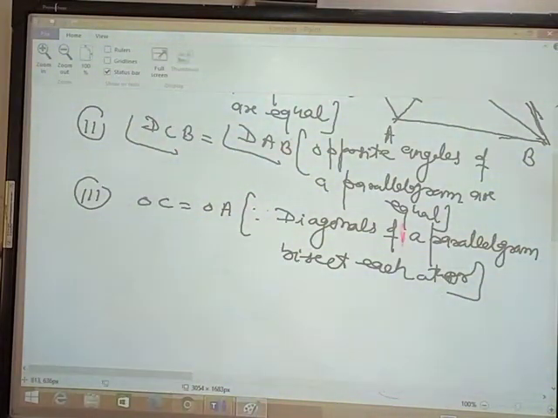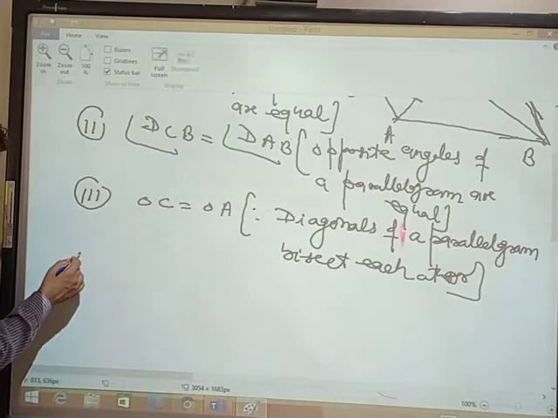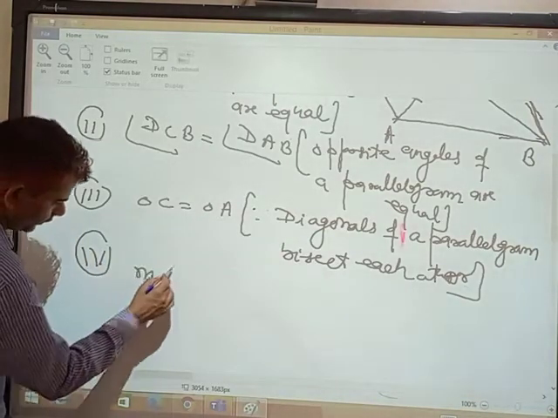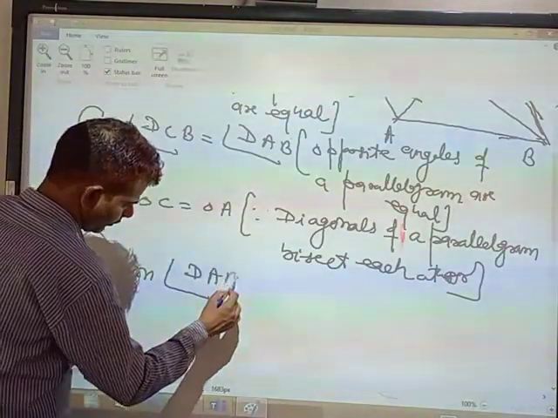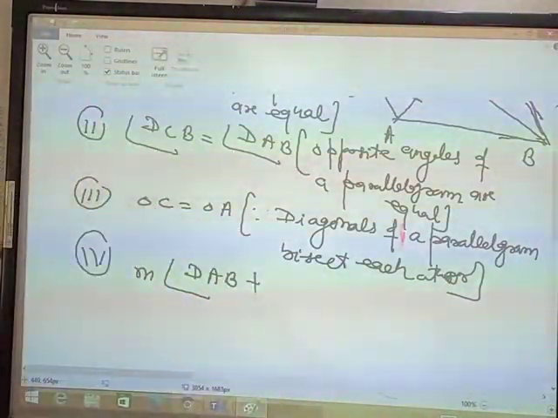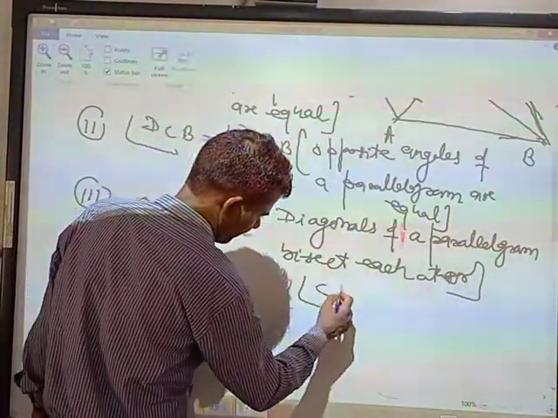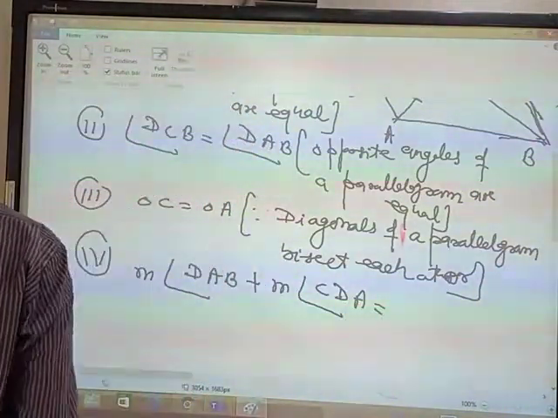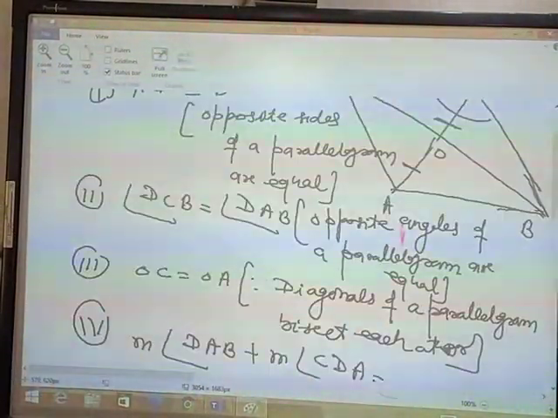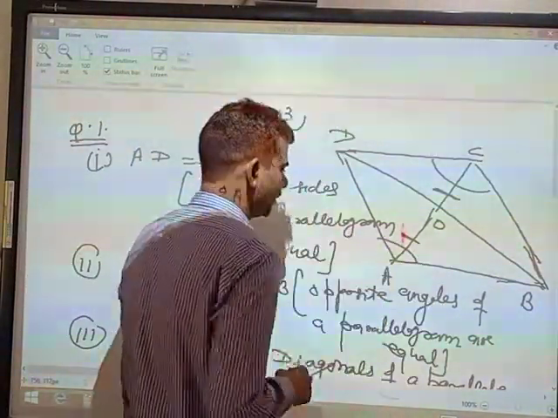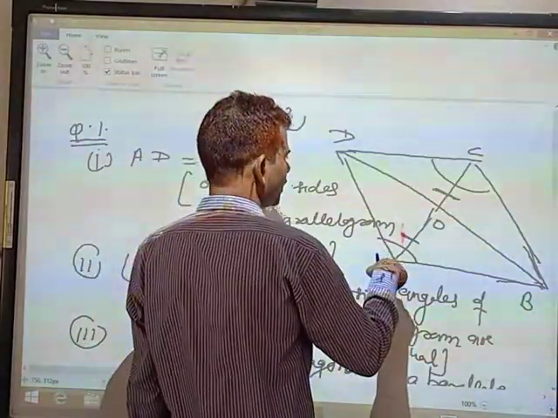Measure of angle DAB plus measure of angle CDA. Why? Please tell me. Students, listen to me. This is your angle DAB, and this is your angle CDA.